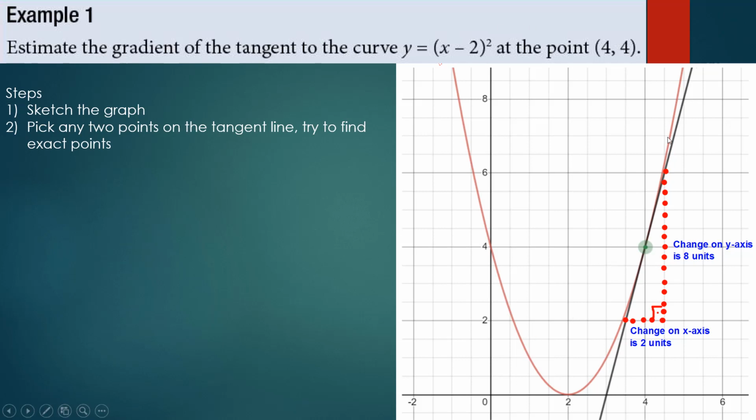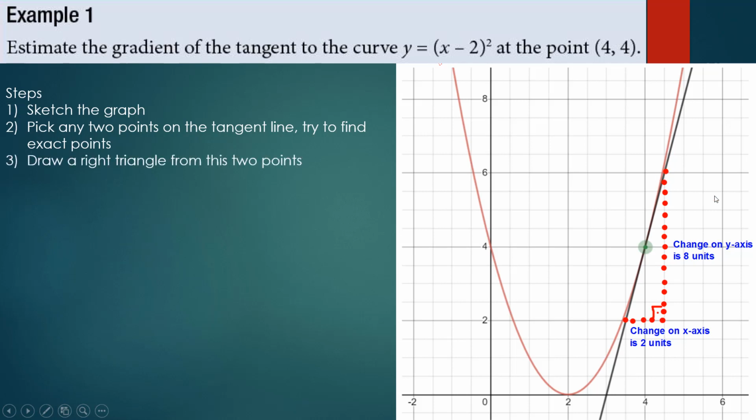We draw the tangent line in black. Then we pick any 2 points on the tangent line around the point (4, 4). We can pick any 2 points, but we try to find exact points, like I have taken here and here. I could also take any other 2 points here and here, but I try to use exact values like here.